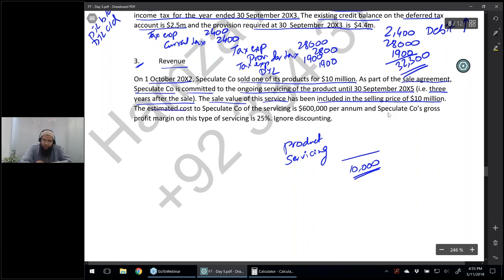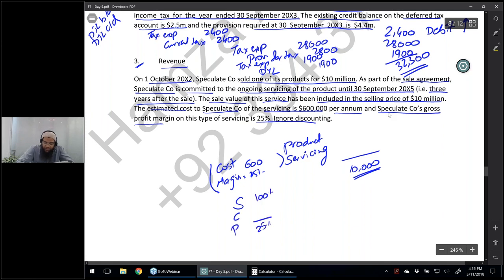The estimated cost to Speculate Company for servicing is 600,000 per annum, and Speculate's gross profit margin on this type is 25%. So this is the cost, and the margin is actually 25%. So we can say the profit is 25% of the selling price. So this means that the cost is actually 75%, which is 600.